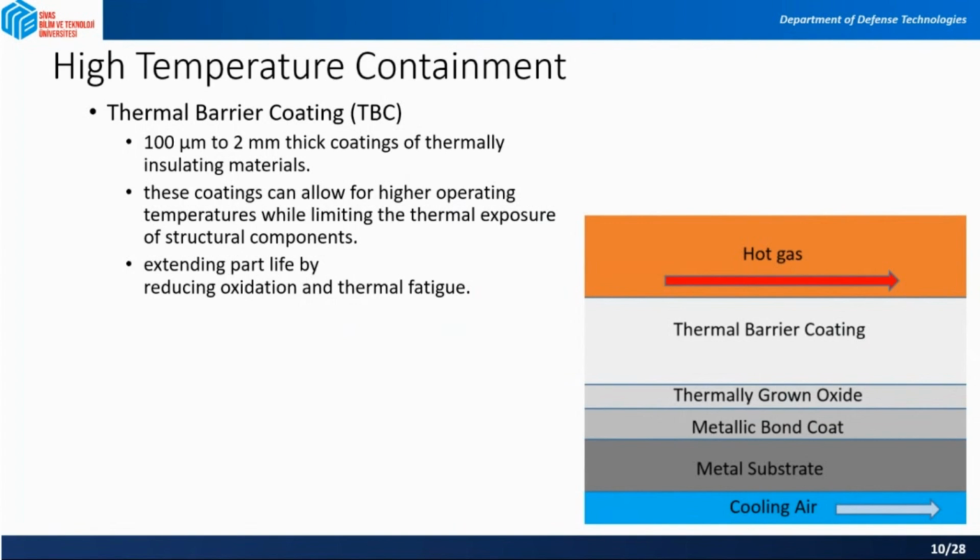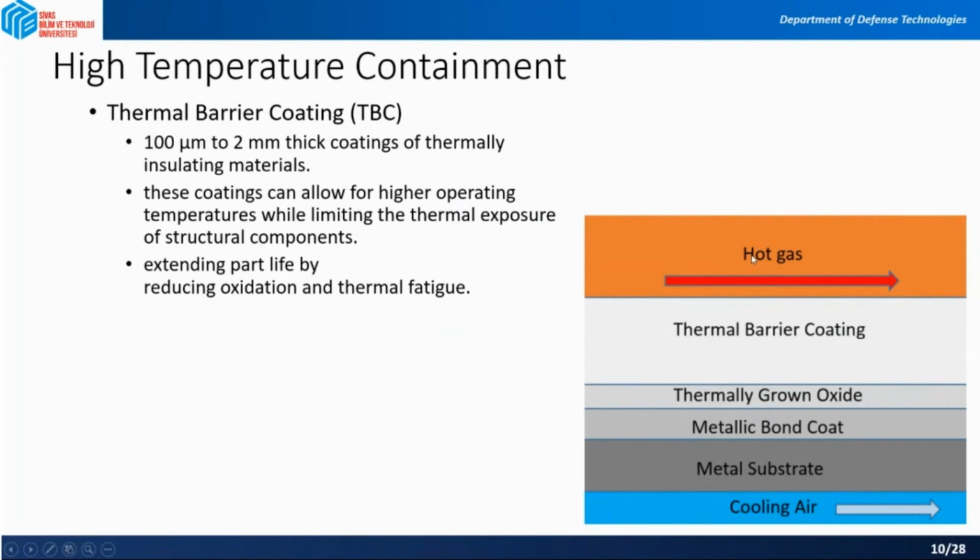So, as you can see, you have your substrate in here, and then you have one layer of metallic bond coat, and then the thermally grown oxide and the thermal barrier coating at the outer layer.